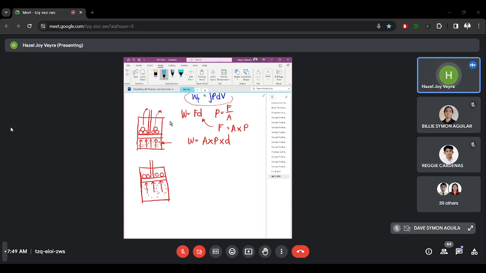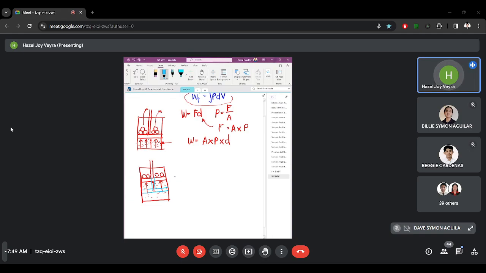Let's use different color. Diba no? Originally, nandito lang yung ating piston. And then, since gumaan yung pebbles at the top, nabawasan yung weight acting on the piston at the top side of the piston, nag-expand yung cylinder or yung part na ito, yung volume natin.